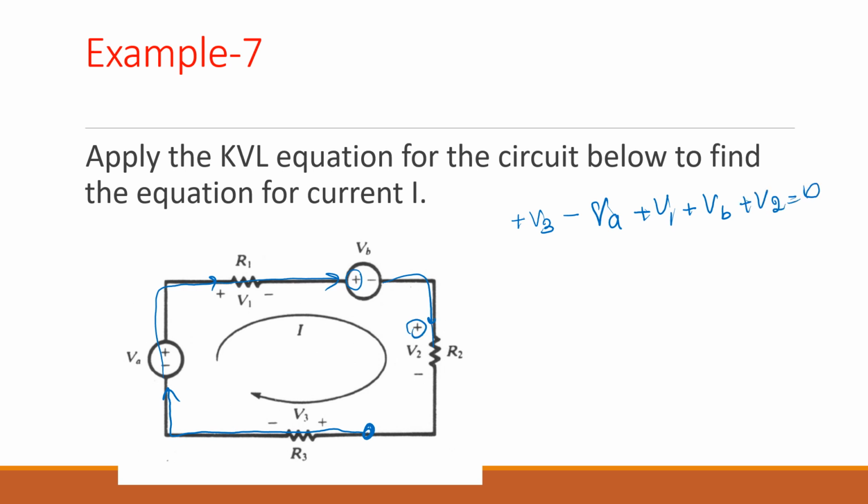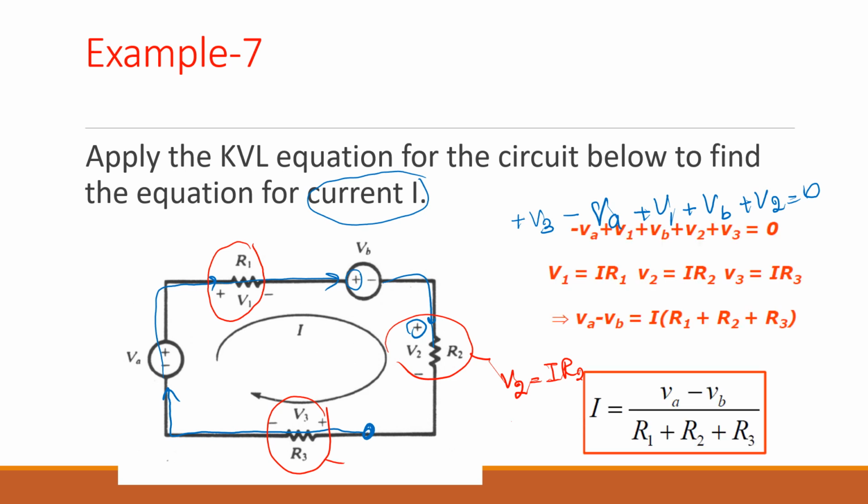But in the question, they are asking us to find an equation with current I. So we can write an equation for these resistors considering the current, voltage and the resistance using Ohm's law. So V2 equals I times R2, and we can substitute this in V2.